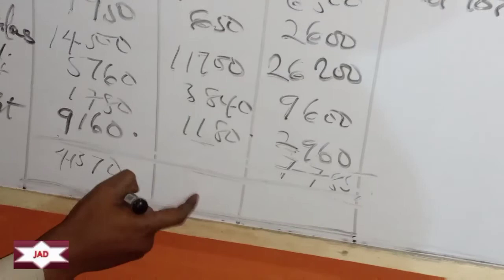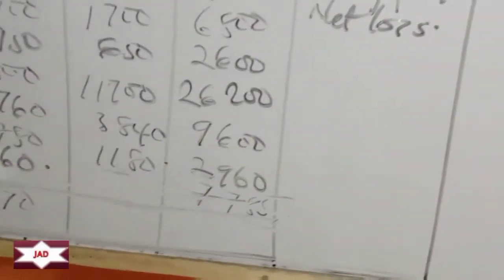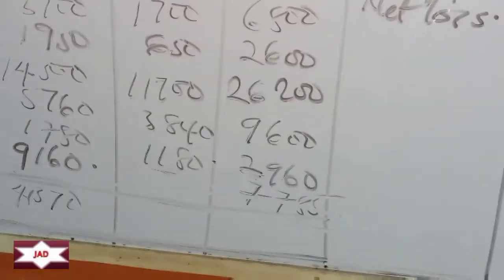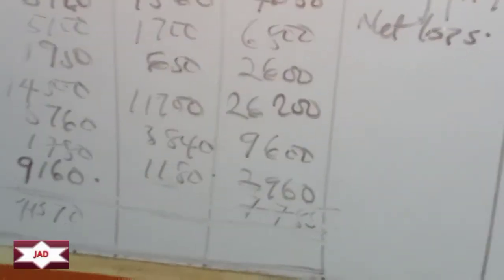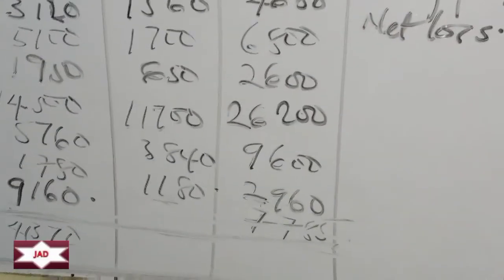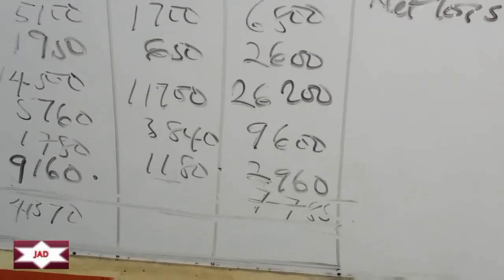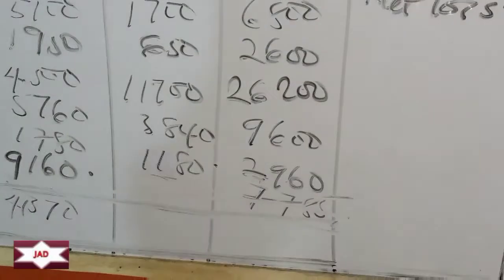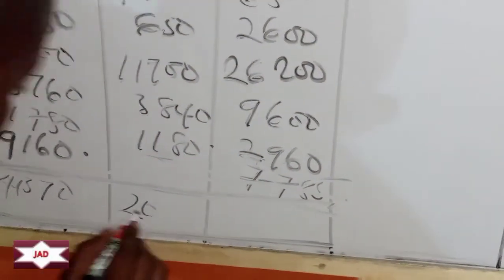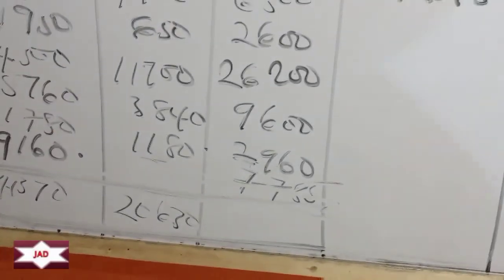So this side is 41,370. Okay, so this side is 9,160 plus 1,375 net loss. That's 10,630.